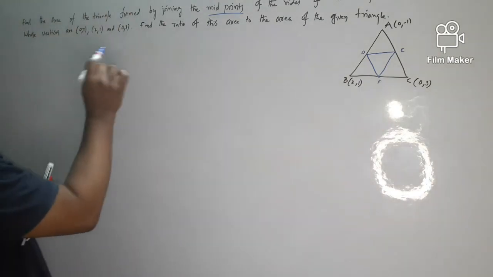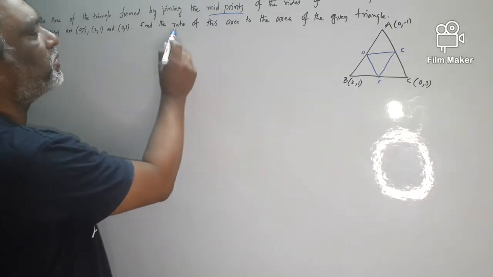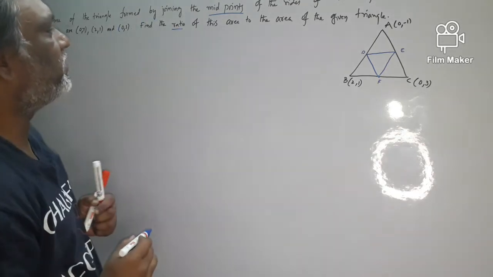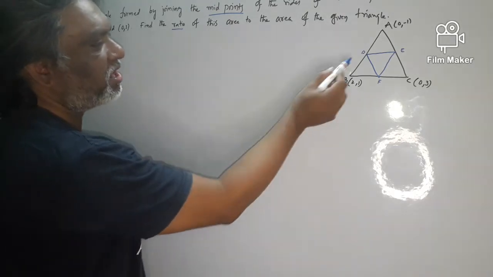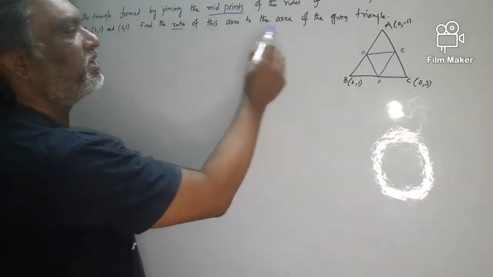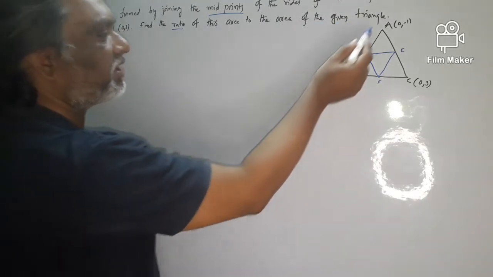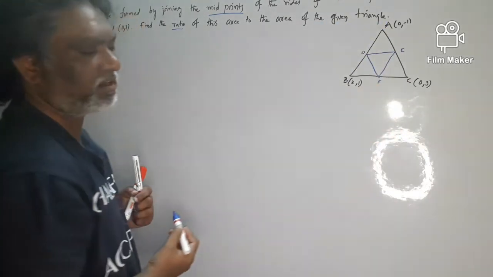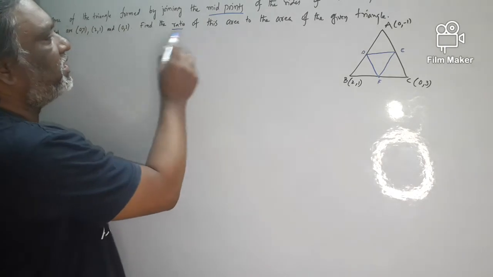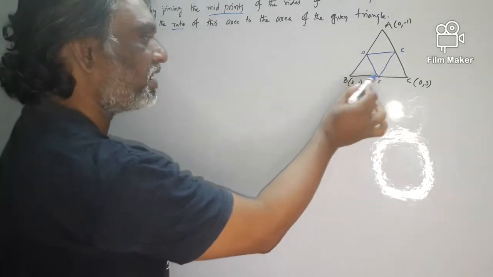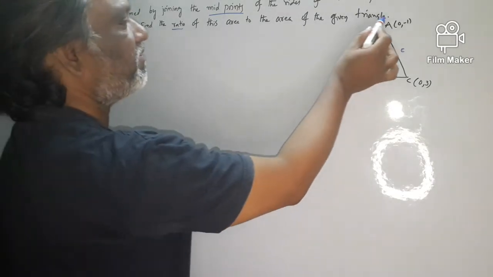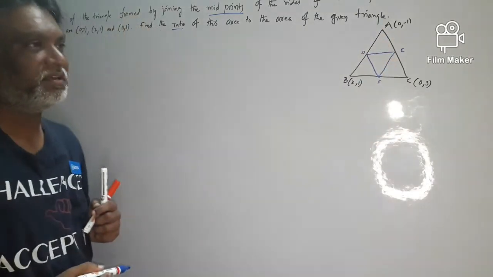He asked the question: find the ratio of this area, meaning the area of DEF, to the area of the given triangle, which is ABC. So the ratio is area of triangle DEF to area of triangle ABC.